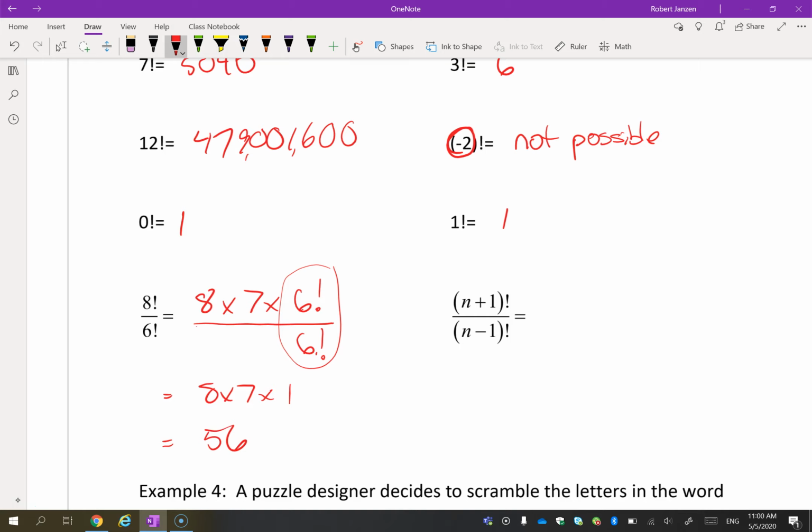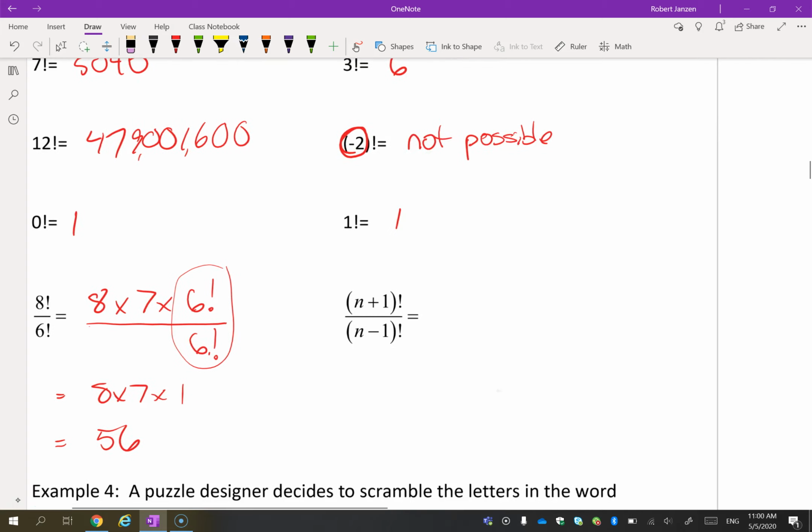Okay? Now again, you could have put that in a calculator. You could have done it that way, but I want you to learn this way because you're going to need it for questions like this. How can we simplify this? Well, looking back to this question here, what did I do? I took the bigger number and sort of reduced it a little bit. So I want you to keep this in mind. Which is bigger? Is the top bigger or the bottom? Well, obviously n plus 1 would be the bigger number, so I'm going to reduce that one.